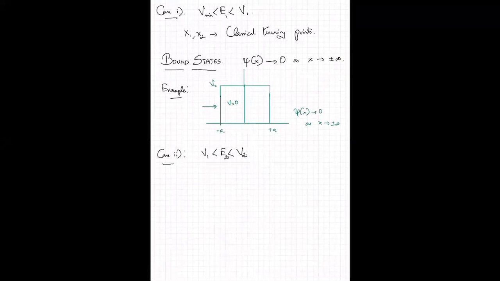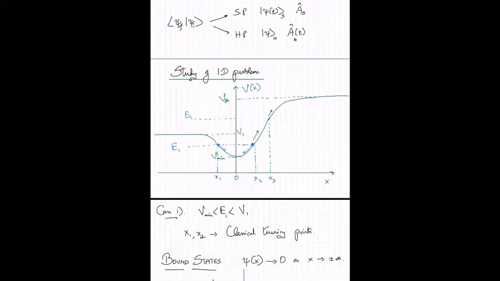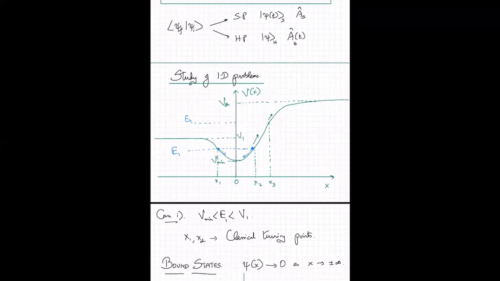So for this particular case, X3 is a classical turning point. But now, when the particle comes back, notice that the minimum of the potential on the left-hand side is much lower than its energy. So there is nothing stopping the particle on the left-hand side.